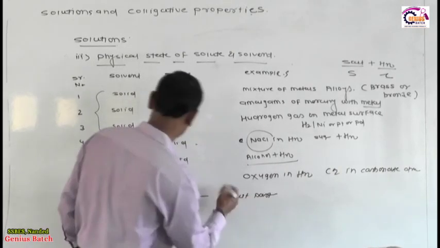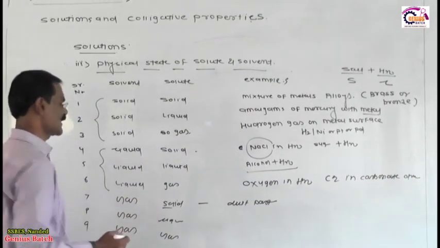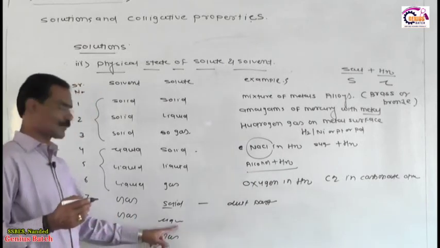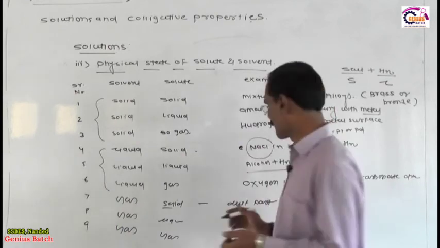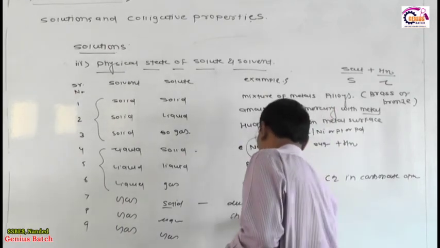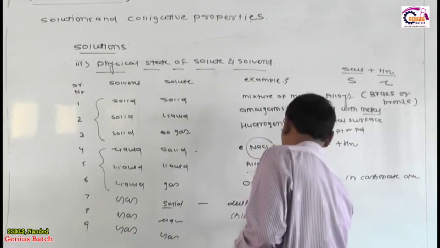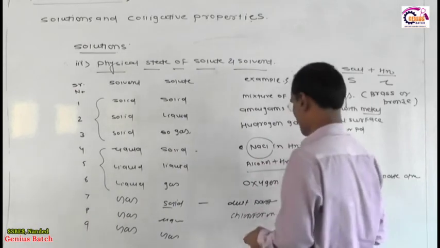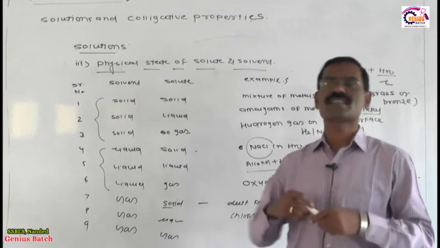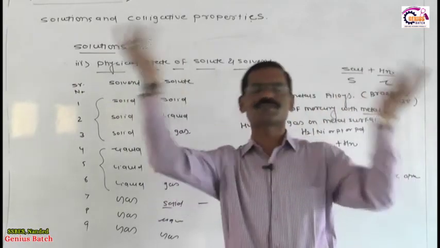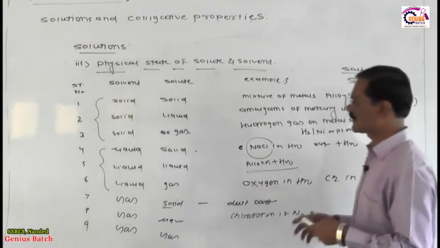Then gas in liquid: the liquid is in smaller proportion, and the gas must be present in higher proportion. The best example is chloroform in nitrogen, chloroform in liquid state and nitrogen in gaseous state. Finally gas in gas: that is the mixture of air, the non-reacting gases present in the atmosphere.